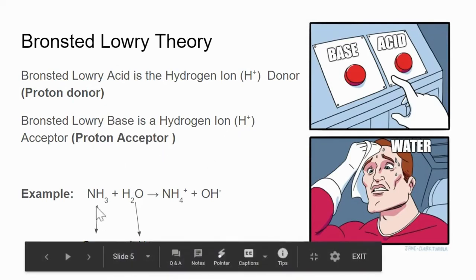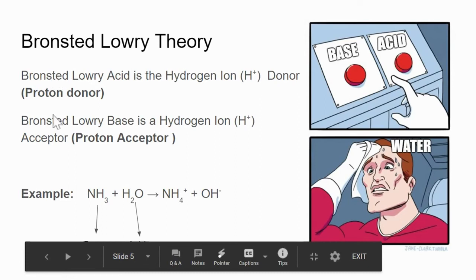So here's an example. We have NH3 reacting with H2O, and the product of that is NH4 plus and OH minus. And so the NH3, from the reactants to the product side, has gained a hydrogen or a proton. So it picked up an extra hydrogen and became positive, which means it's a proton acceptor.